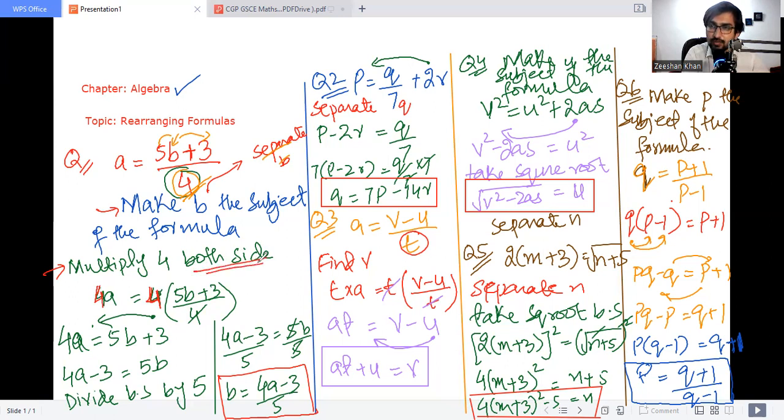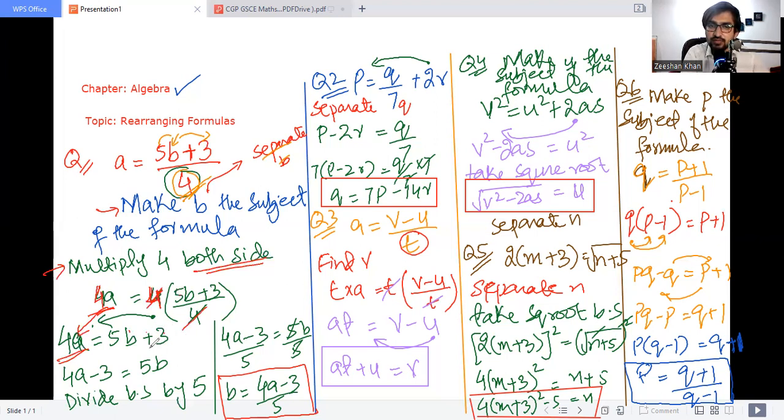This is what we do in mathematics: we always multiply or divide a number on both sides. We cannot do it on a single side. So this 4 will cancel out with that 4. Now 4a will be left here, and 5b plus 3 will be left on the right side of the equation.